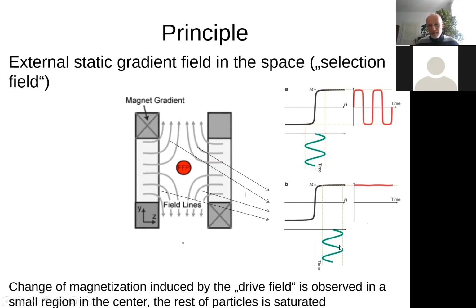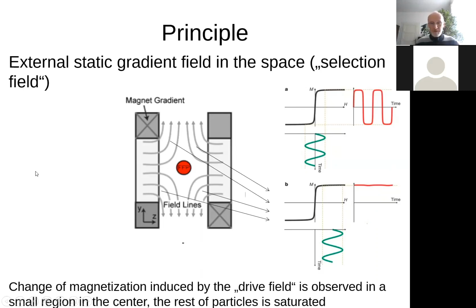If I apply the drive field, the particles are already saturated and I see no signal there. So the change of magnetization induced by the drive field is observed only from this small region in the center. The rest of the particles are saturated and provide no signal.